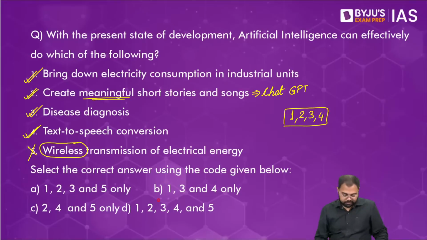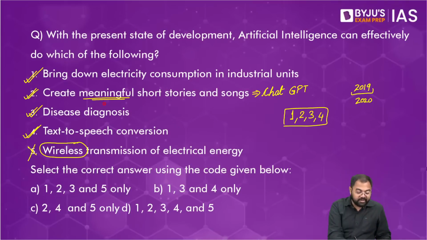Now again, if you see, there is no option that says 1, 2, 3, and 4. But when the question was asked, I'm very sure almost that it was 2019 or 2020, I think. When this question came, there was no ChatGPT then. ChatGPT is a phenomenon of 2022.